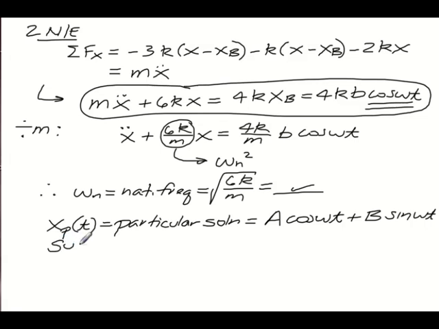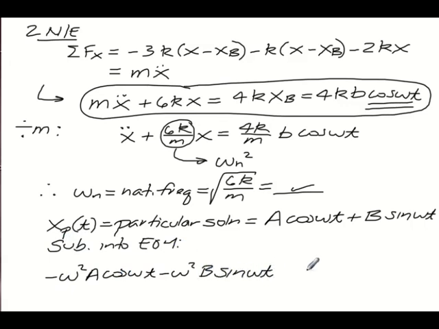So if we substitute into our equation of motion, what we have is minus omega squared A cosine omega t minus omega squared B sine omega t plus omega n squared times A cosine omega t plus omega n squared B sine omega t.